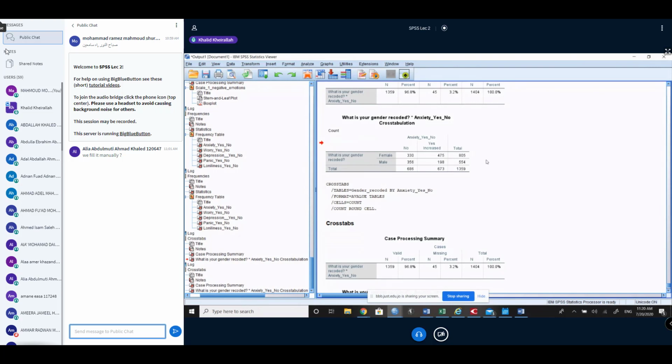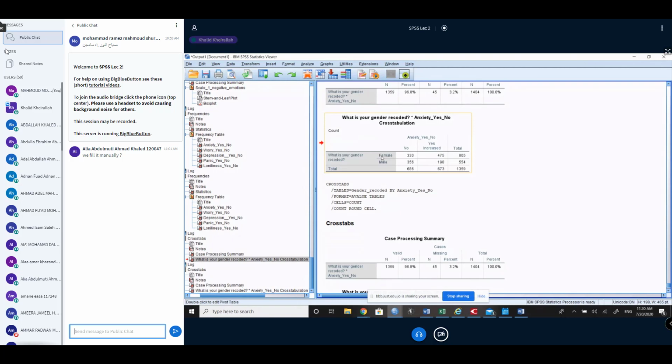This is the table that you will be needing to do your calculations. Now we need to add percent. We need to add percent for females and percent for males. We need to compare the percentage of anxiety for females and the percentage of anxiety for males.